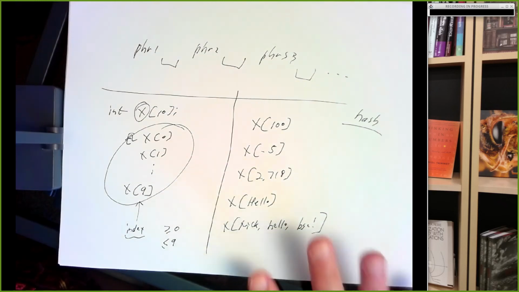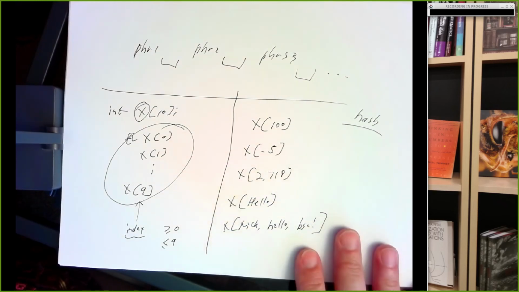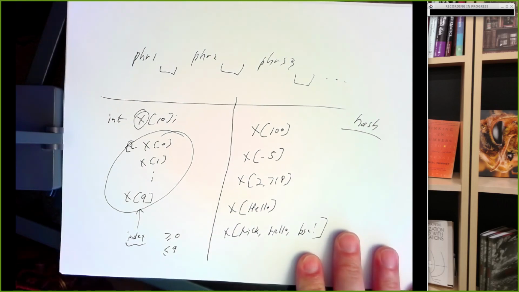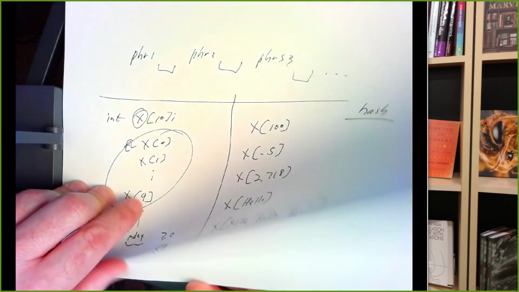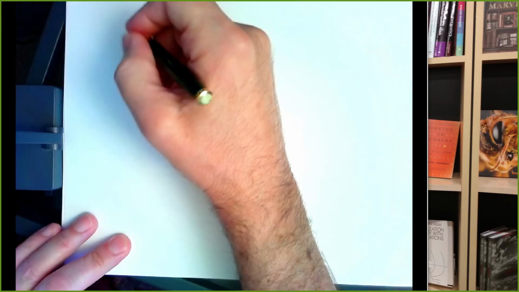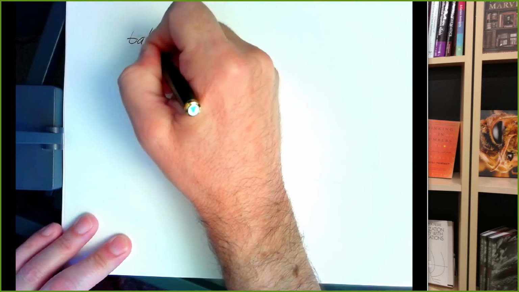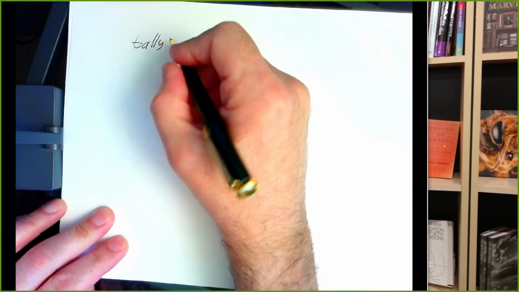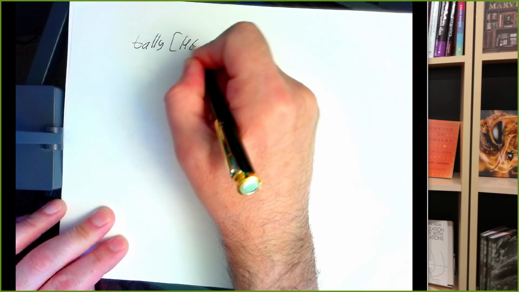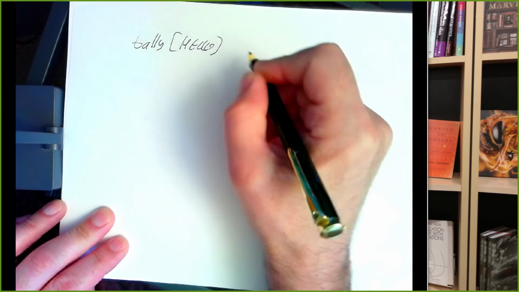All right, so what can we do with this? What can we do with this for tallying phrases? We can make an associative array. Let's just think of it as called tally. And if we see a phrase like hello, we can store something at the index hello.